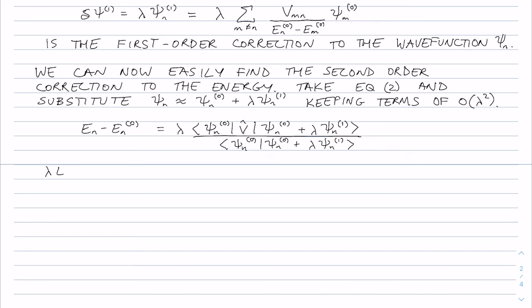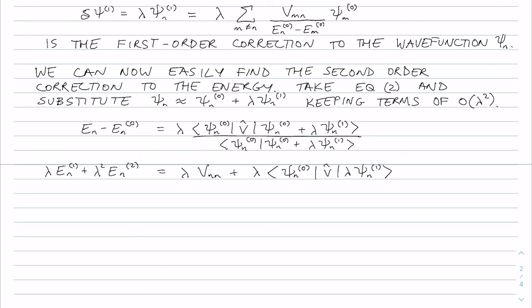Lambda En1 plus lambda squared En2 is equal to lambda, the first term here is Vnn, and the second term here is lambda squared, psi n naught V lambda psi n 1.